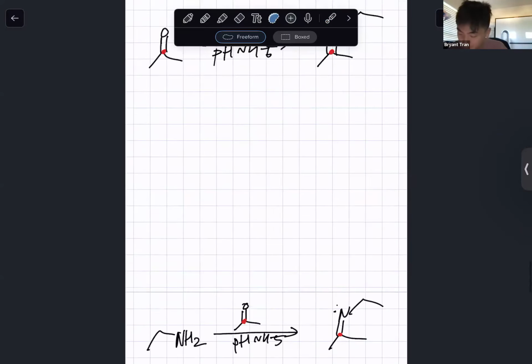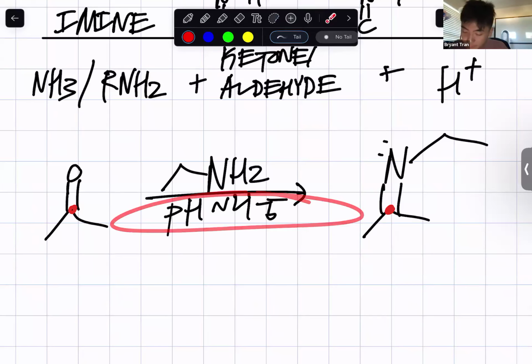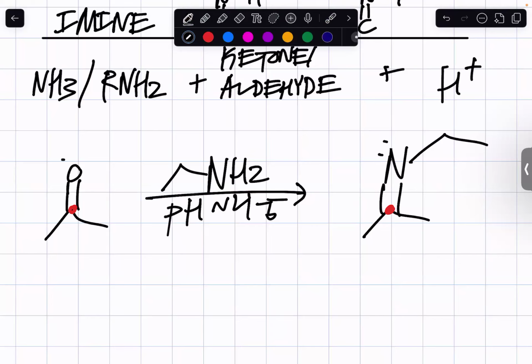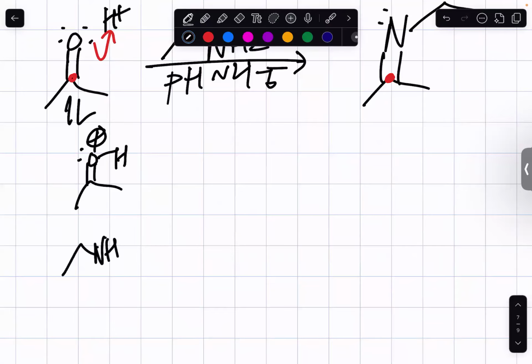Now, I want you to describe to me what the mechanism is going to be step by step. It's very similar to what we did earlier, with all the nucleophilic addition mechanisms. In slightly acidic conditions, what is going to get protonated to activate this reaction to go through? The oxygen will get protonated. Correct. Make that into a strong electrophile. Now, once it's a strong electrophile, what can attack this strong electrophile here?